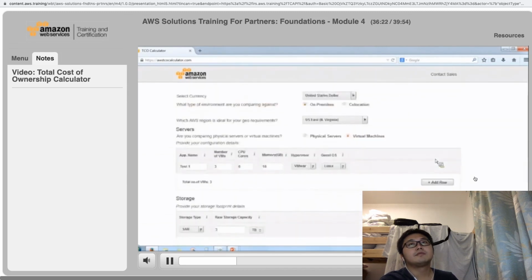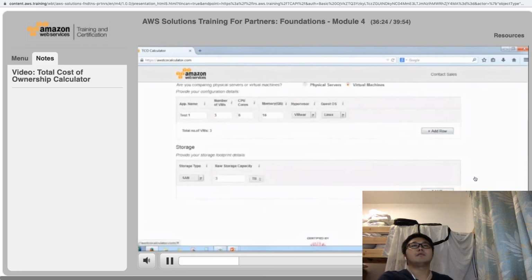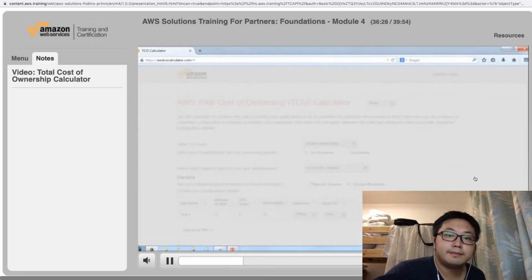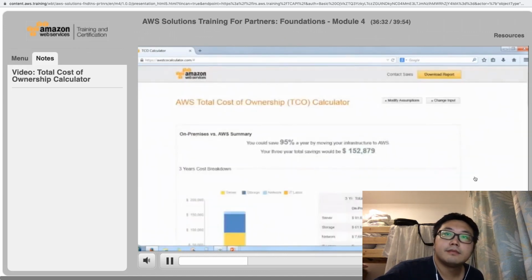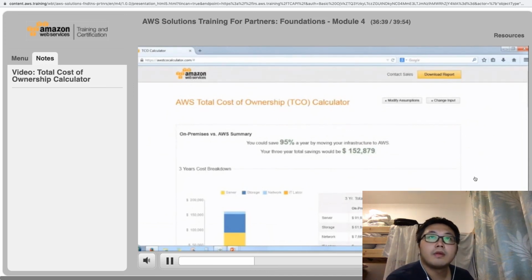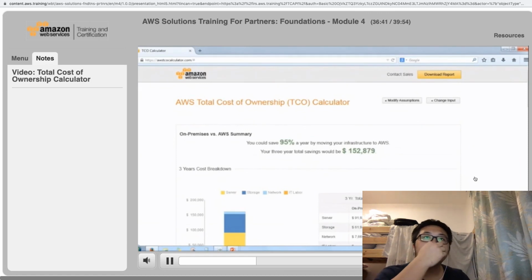With these very simple fields, with just a very small number of inputs, we can derive a relatively accurate and very well-defined report that gives you a very close estimation of what you could save by moving to AWS. So if you look at the inputs that we added, you could save as much as 95% a year by moving your infrastructure to AWS. And the 3-year savings would be as high as $153,000.